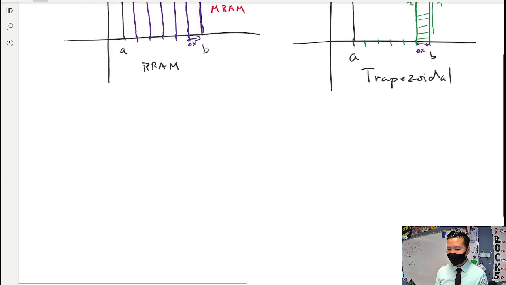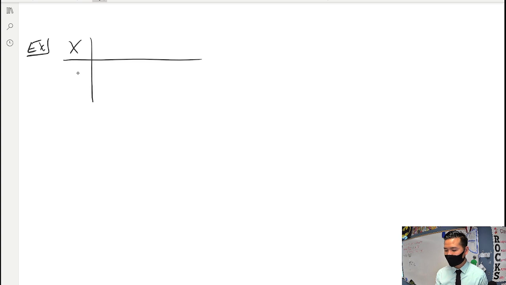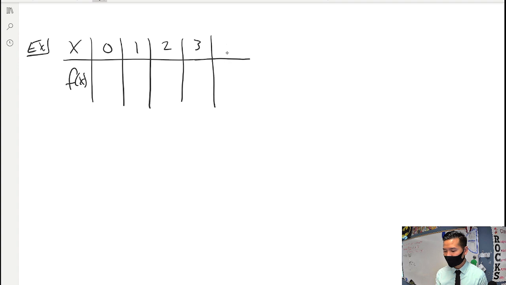For these ones, what they like to do, all right, let's do a problem here. Let's say I have some table values, with x on the top part and f of x on the outputs. The x values go 0, 1, 2, 3, and 4, and the output values are 5, 7, 4, 6, and 5.